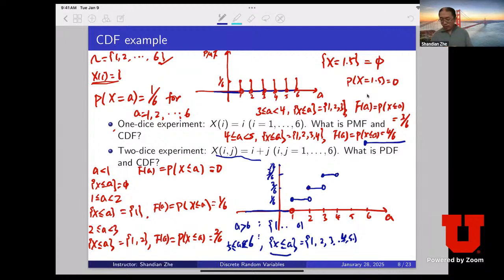One thing you should be very careful about is, for X_ij equals 5, say, the underlying event can include multiple pairs of points, for example 1,4, 4,1, 2,3, 3,2. So the probability mass function won't be equal-length bars like that. It's not like that, right?